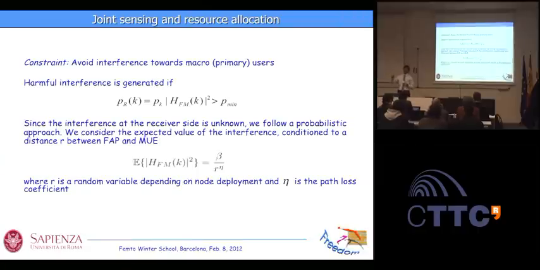In that case, I can take the conditional expectation of the channel transfer function over the path coefficients. In the uncorrelated case, the expectation over the multipaths will be a constant. The only point to take into account is that this constant will depend on the distance between femto and macro user.